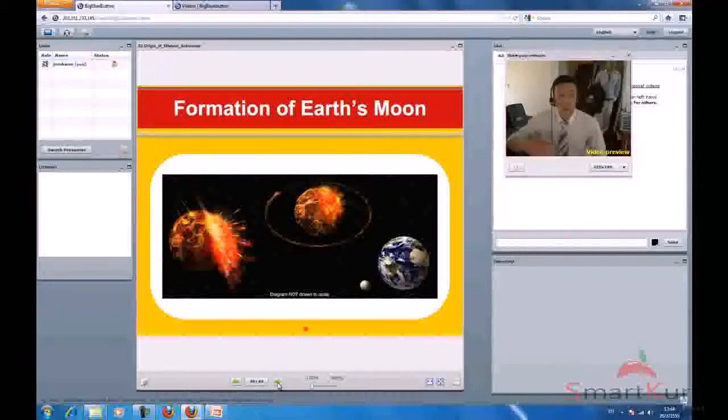Over millions and millions of years, that ring formed into the moon through a process that's known as accretion. Remember, Newton taught us about universal gravity.